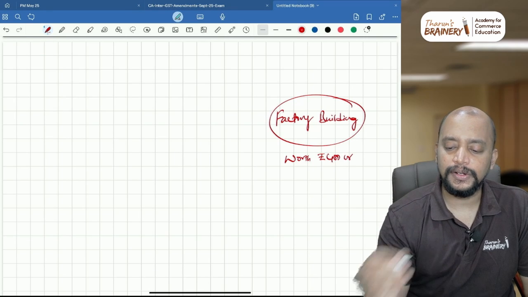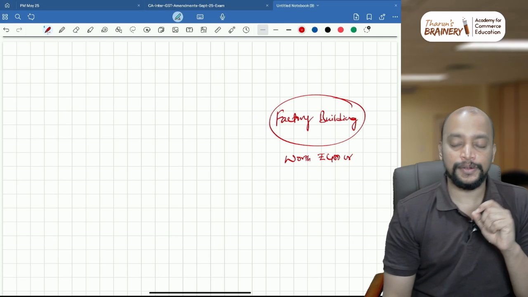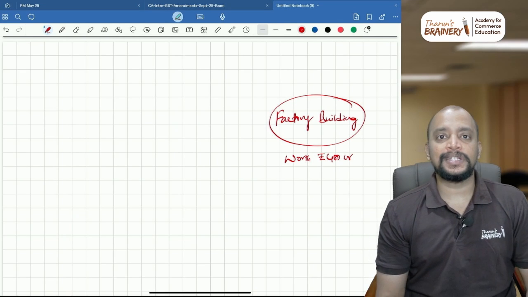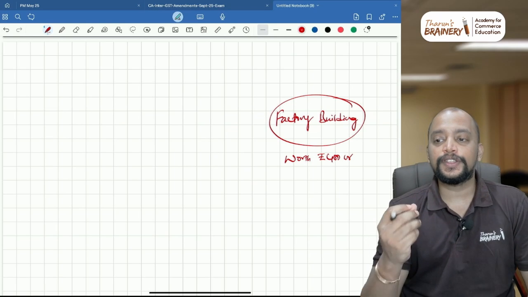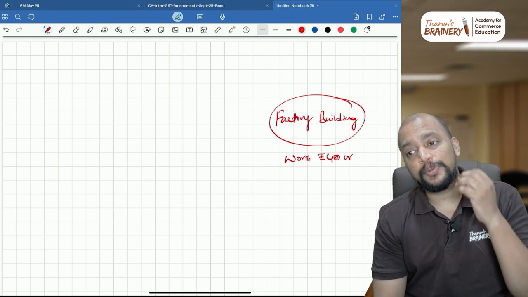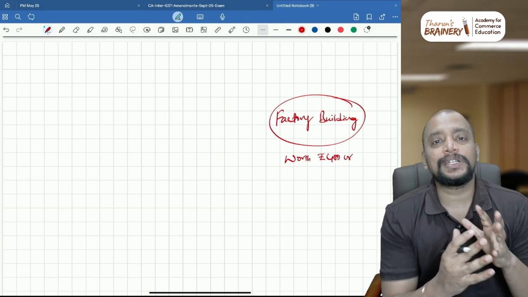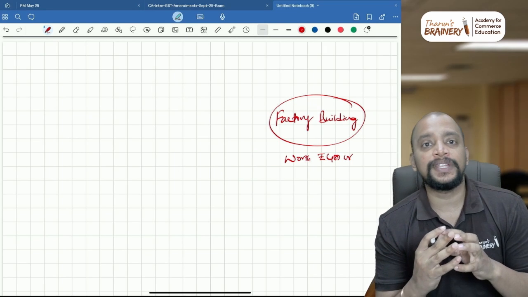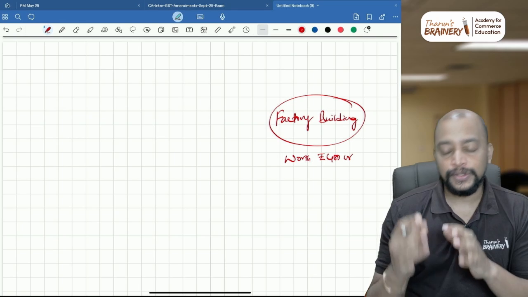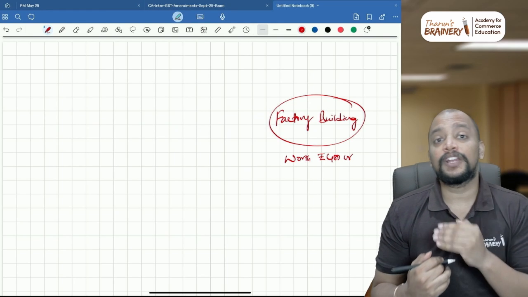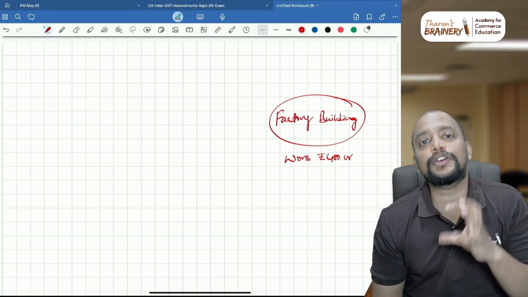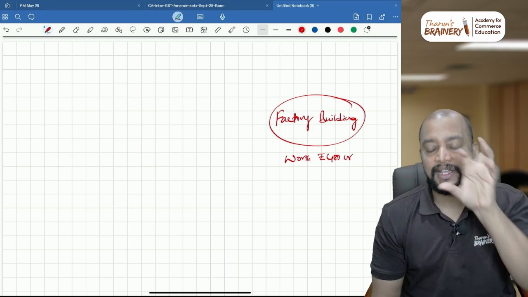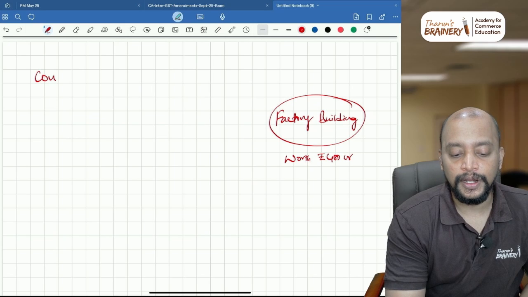So this factory building is worth 400 crores and they wanted to take insurance, that is fire insurance or general insurance with respect to this factory building. But the problem is that one insurance company will not be able to give the entire coverage. So therefore there are total 4 insurance companies which formed a consortium. Consortium means what? Group. Okay, consortium means group.